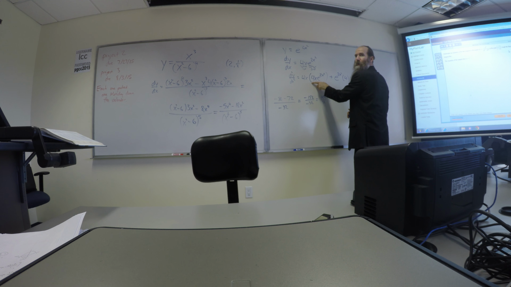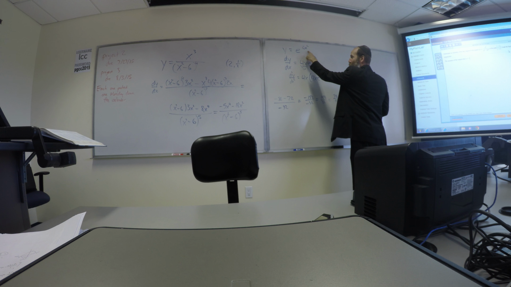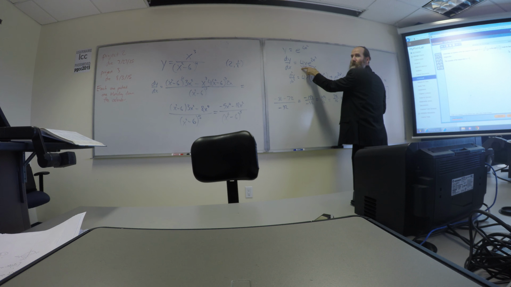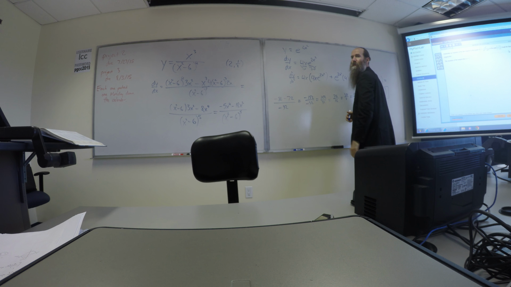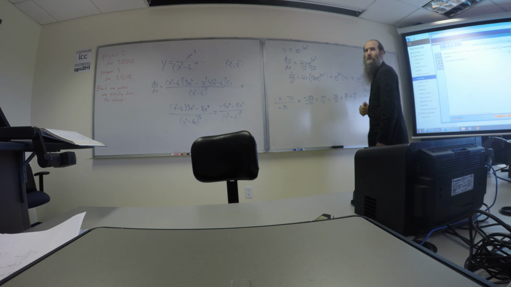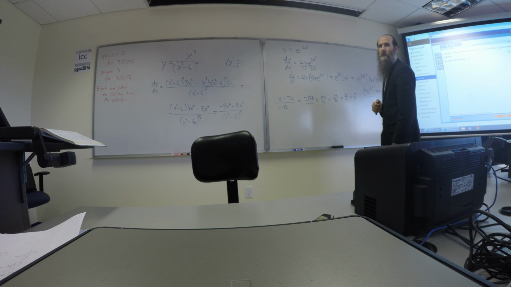But how come that's 4x and not just e to the 2x? Because I need the derivative of the second expression. This is the second function. I need the derivative of this right here in parentheses. E to the 2x squared is this. Oh, that's right. Okay, I didn't see that. That makes sense.